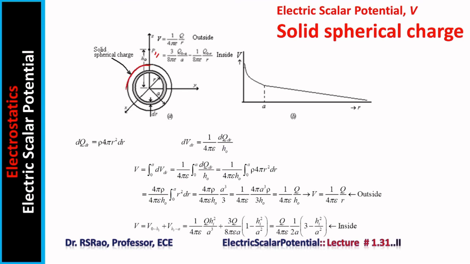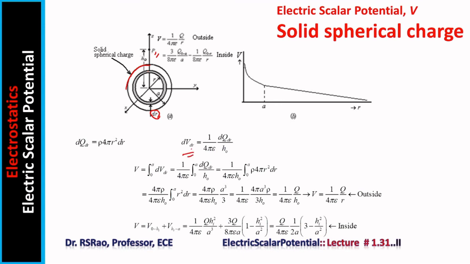This is the charge. It is divided into thin shells. We consider a typical shell at a distance of r from the origin. Thickness is dr. The thickness is so small that you can consider it a spherical shell, and then you can use the formula which we derived in the previous problem.